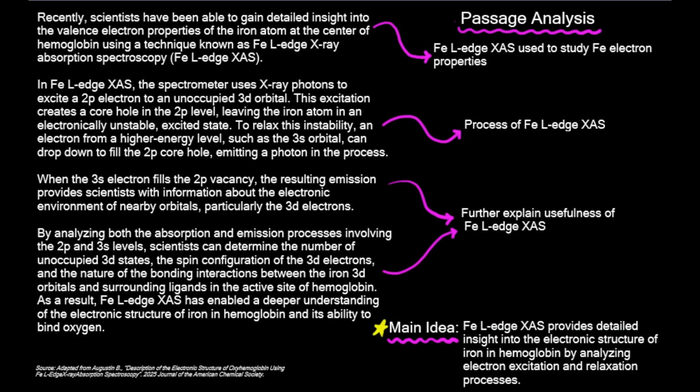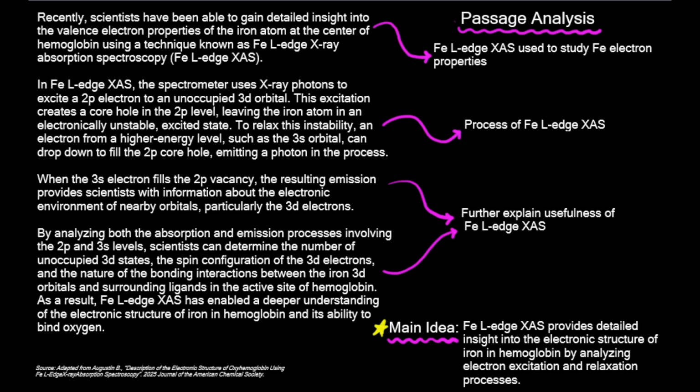So here's the passage analysis. On this slide, you can see the type of notes that I would take on a real MCAT exam. However, we're going to go through each paragraph and explain what is important and what to look for. The first paragraph reads, recently, scientists have been able to gain detailed insight into the valence electron properties of the iron atom at the center of hemoglobin using the technique known as FELH-XAS.